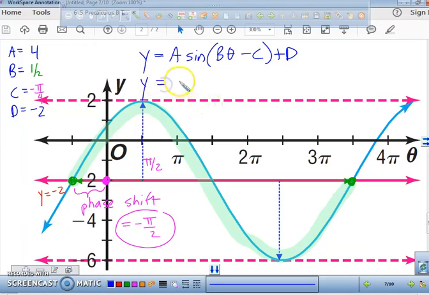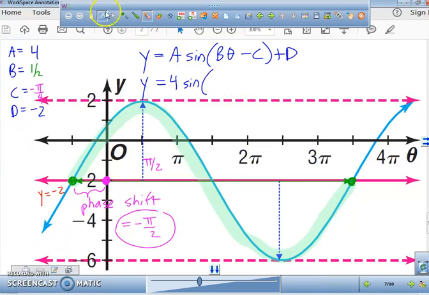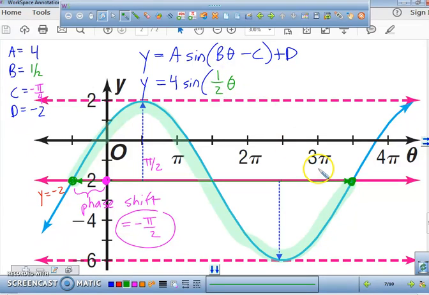Y equals, what was our A value? 4. Open parentheses. What is our B value? 1/2. So what's 1/2 times theta? You could just write theta over 2. If you put 1/2 of theta, that's fine.